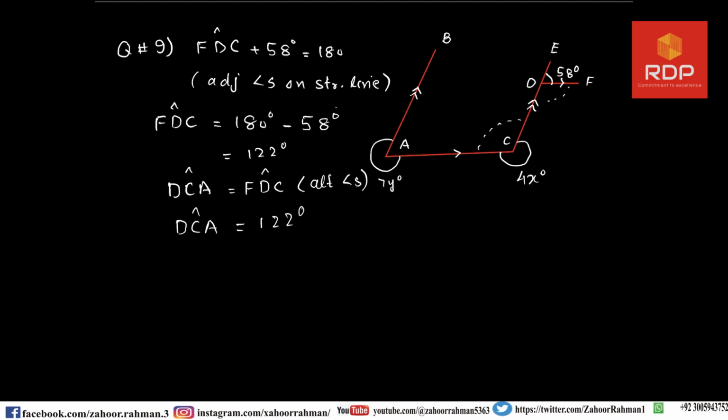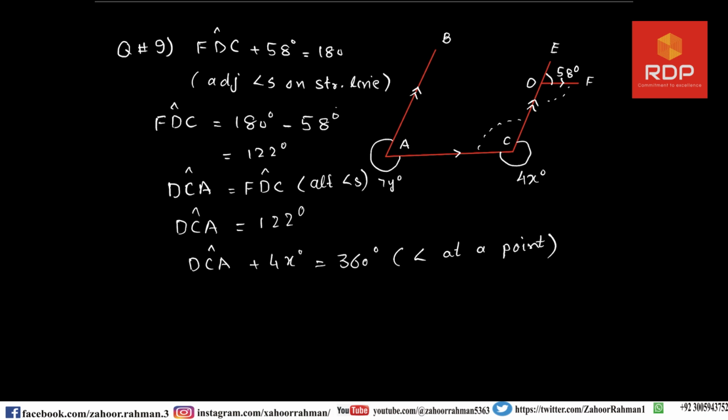So we can say that DCA plus 4x degrees is equal to 360 degrees, and we are calling it angle at a point.